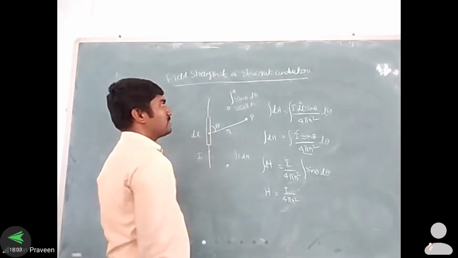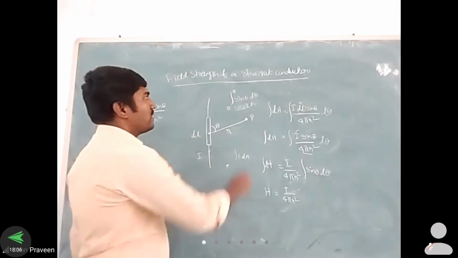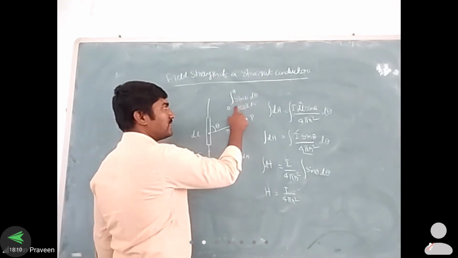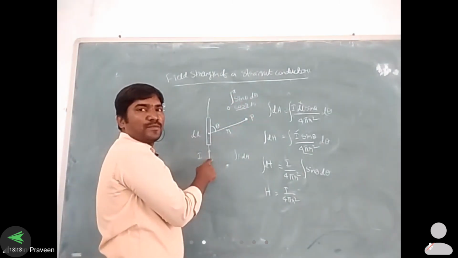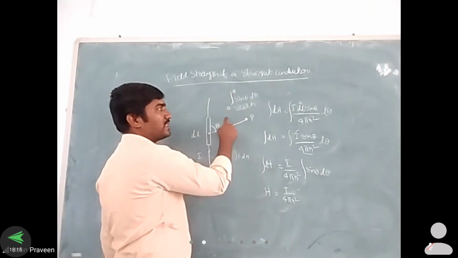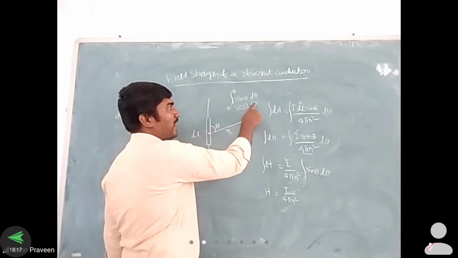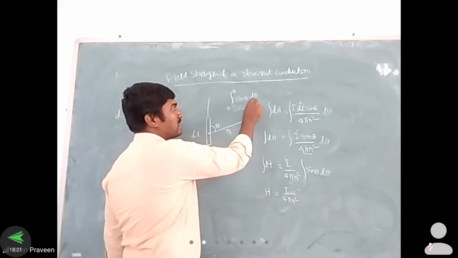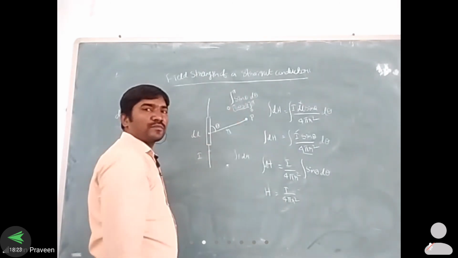So what value are we getting here? For the integral from 0 to pi, first we take the integration, then we apply the limits, upper limit and lower limit. We are applying the two limits, 0 and pi.